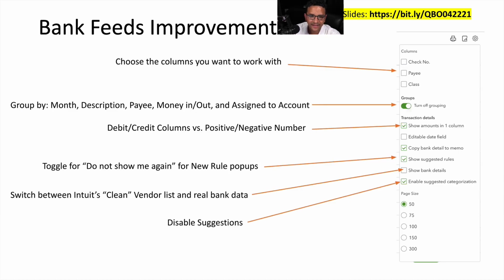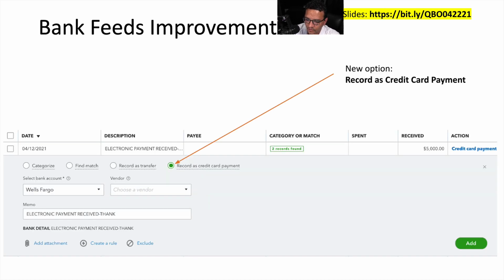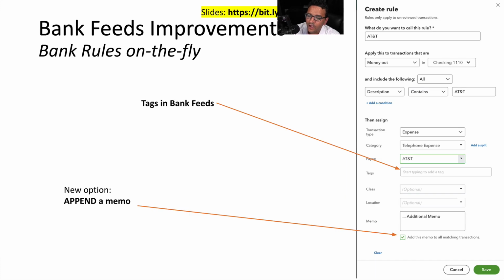Then we have this slide that kind of has a list of all the things that are in that settings screen, an explanation of what everyone is. Again, we go through all this in our bank feeds, downloaded transactions, bank reconciliations course, but you have the slides for reference.